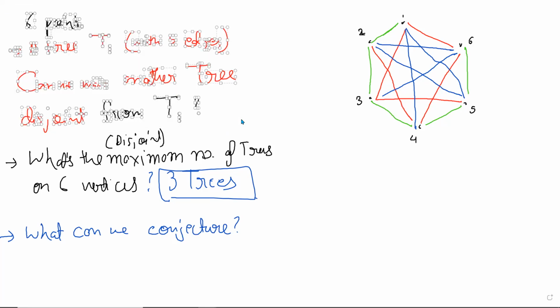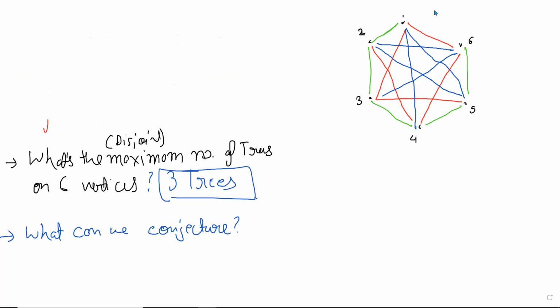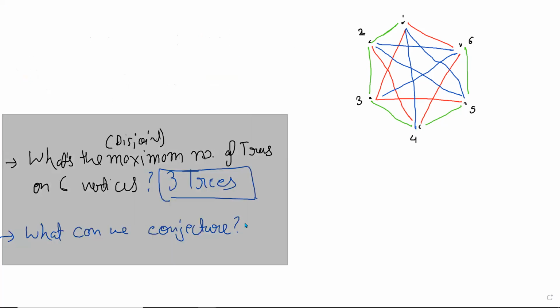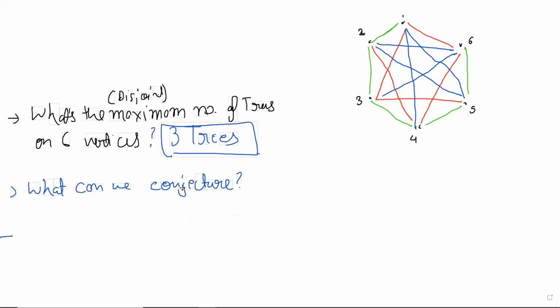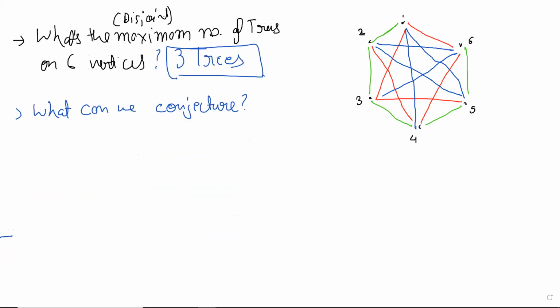Why did we get 3? Could we have foreseen that? Some sort of pattern, or some kind of bound? Let's think about that.